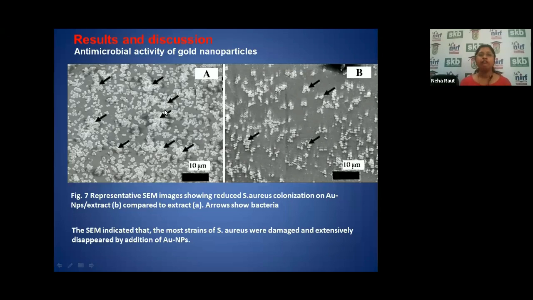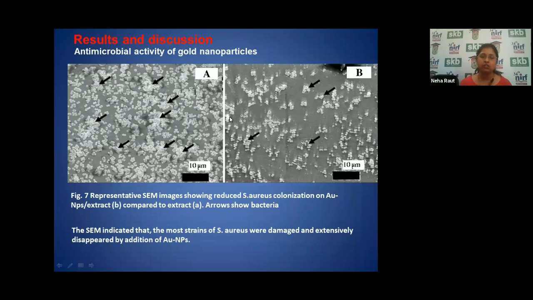The first image represents the addition of extract, and this black arrow represents the colonization of S. aureus. In the first image, you can see more colonization is there even after addition of extract. In the second image, the colonization decreases. This scale is 10 micrometer, and it is seen under SEM.